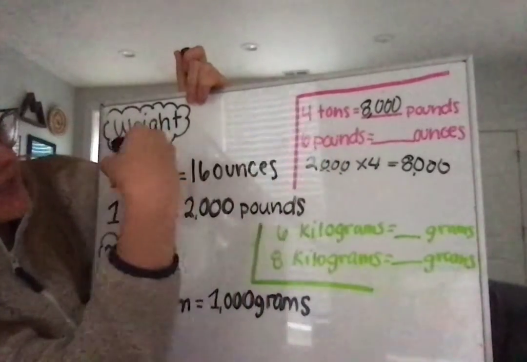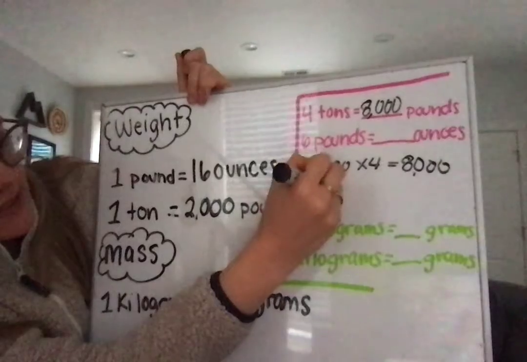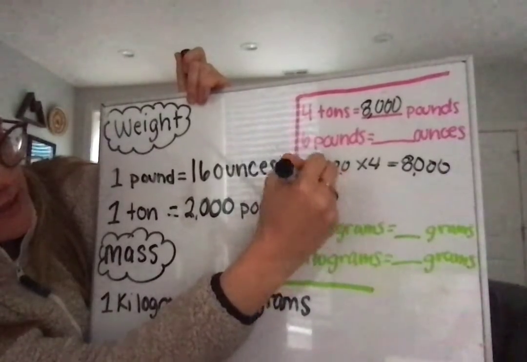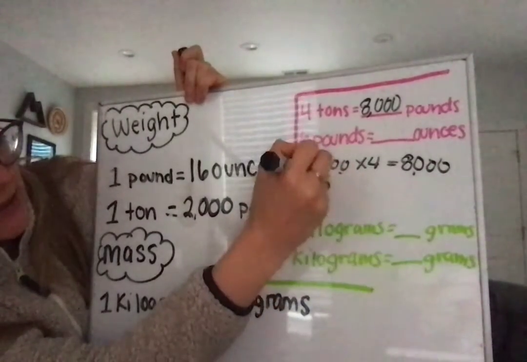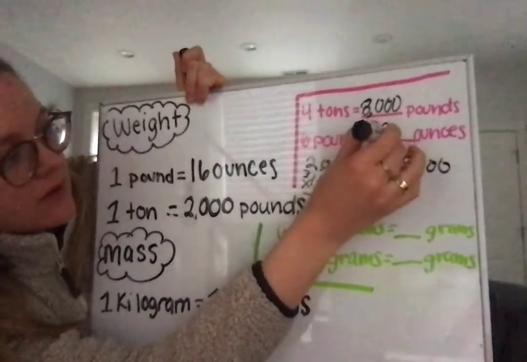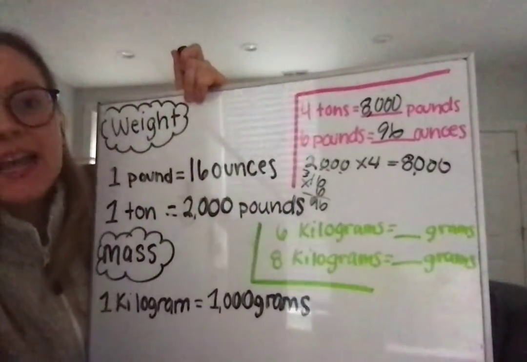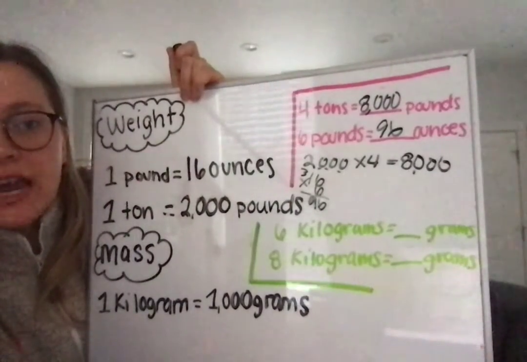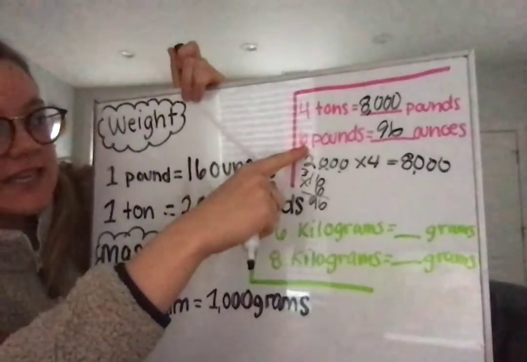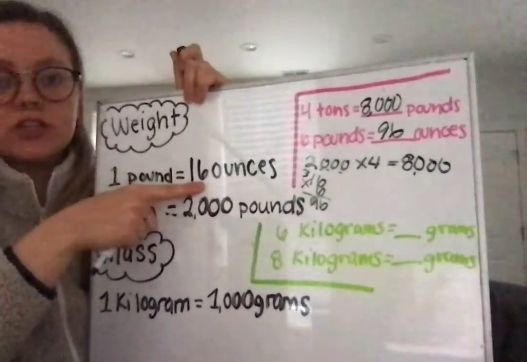So I need to do 6 times 16 because 1 pound is 16 ounces. So I'm going to do 16 times 6. And I get 96. So 1 pound is 16 ounces, 6 pounds is 96 ounces. And I found that by multiplying the 6 from 6 pounds by the 16 in our conversion.